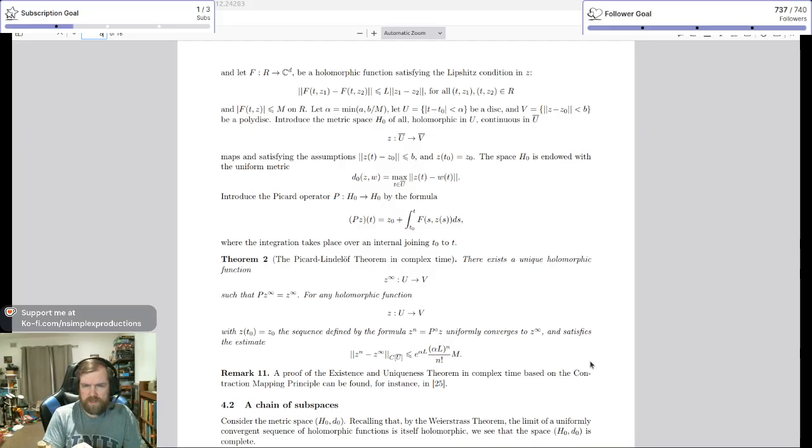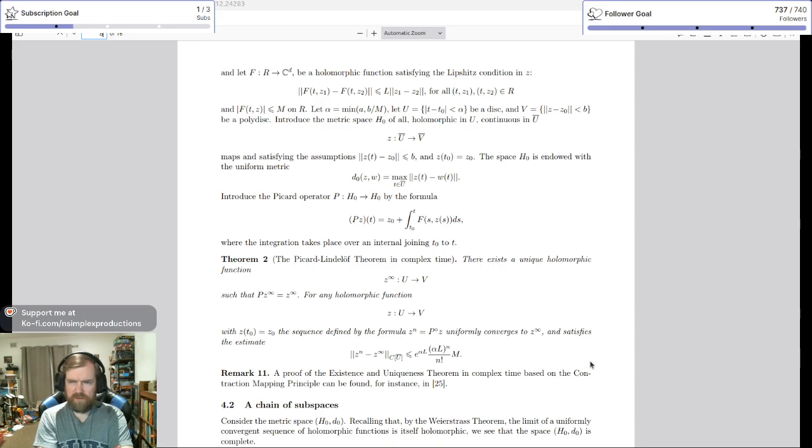Introduce the metric space H0 of all functions holomorphic in U, continuous in U bar. Okay. Z is going to be the mapping from U bar to V bar, which satisfies the assumptions that the norm of Z of t minus Z0 is less than or equal to B, and Z of t0 is equal to Z0.